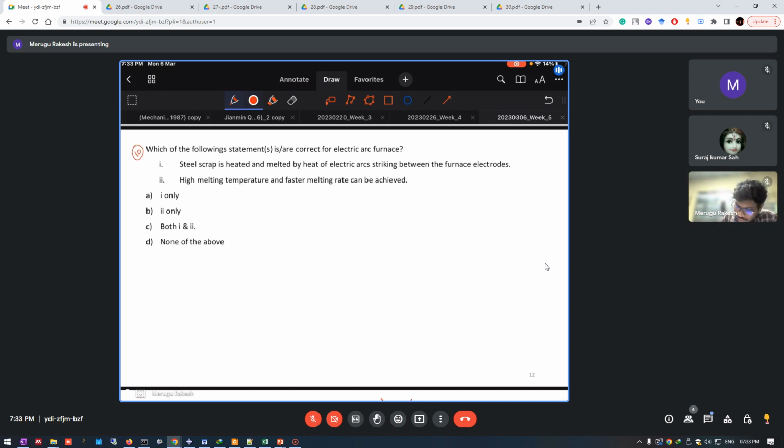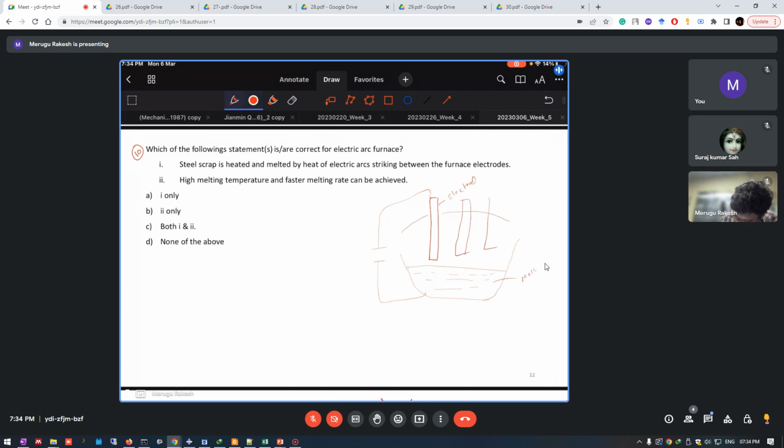So I have already shown earlier, basically in electric arc furnace, we can have multiple electrodes, not only a single electrode.